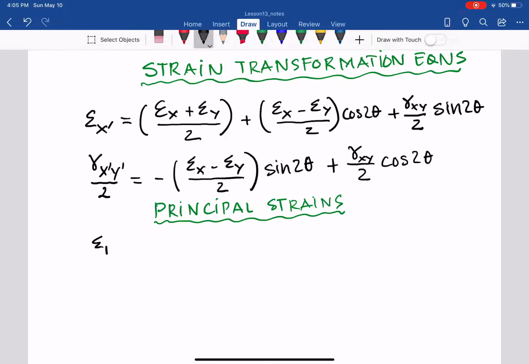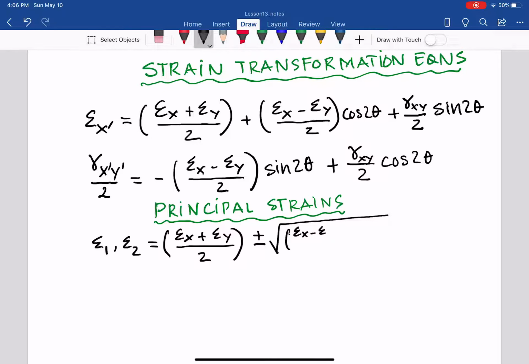So epsilon 1 and epsilon 2 equal epsilon x plus epsilon y over 2 plus or minus, depending on whether we are talking about epsilon 1 or epsilon 2, the square root of epsilon x minus epsilon y over 2 squared plus tau xy, now it becomes gamma xy over 2 squared.